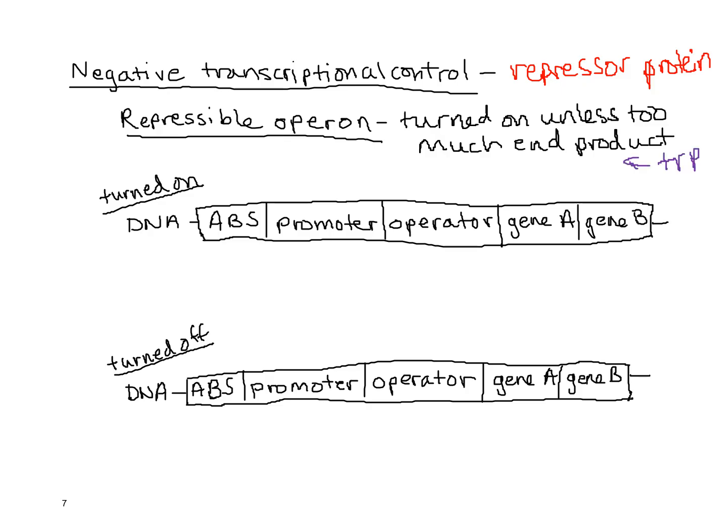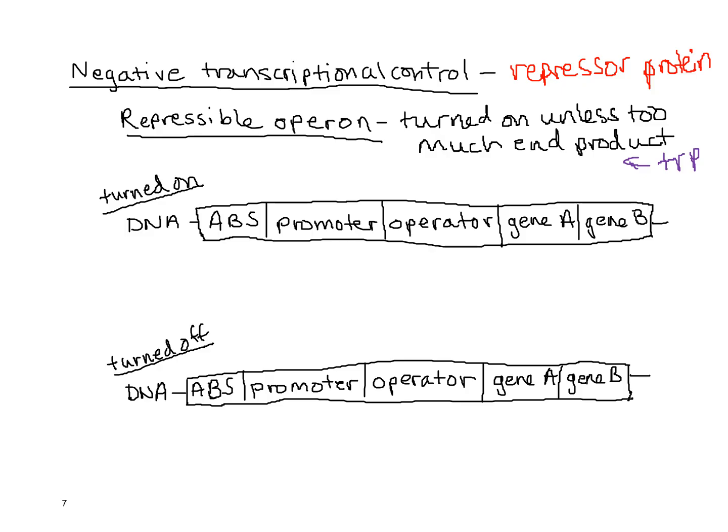Okay, so if we want to draw this repressible Trp operon turned on, we've got to think about where a repressor protein would be.